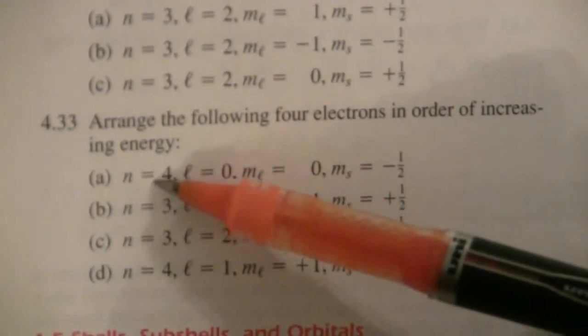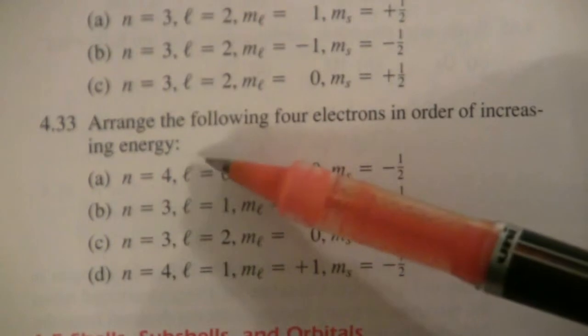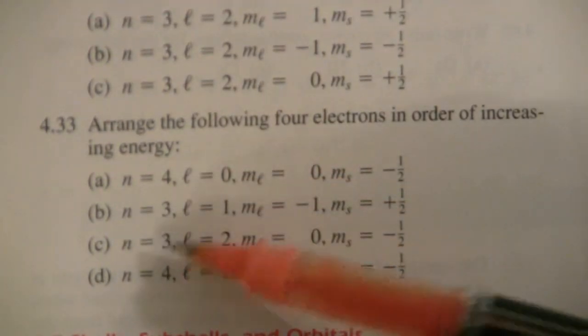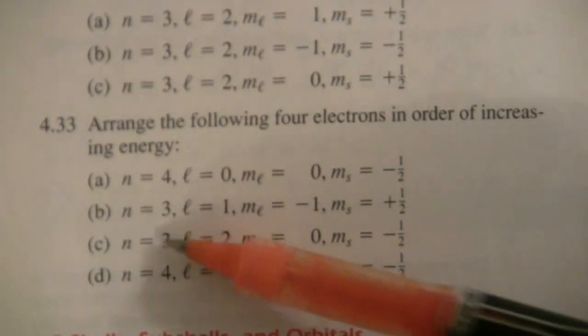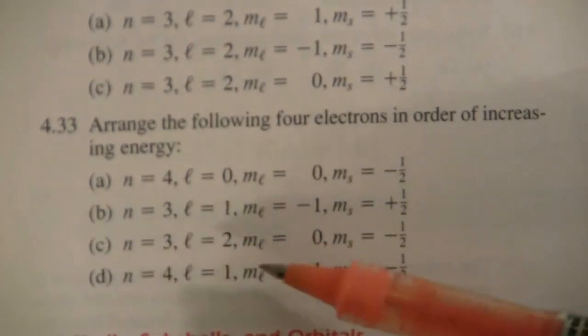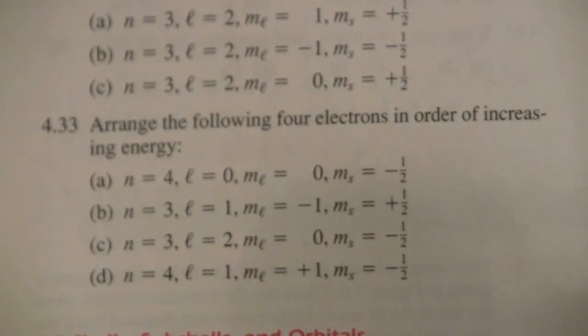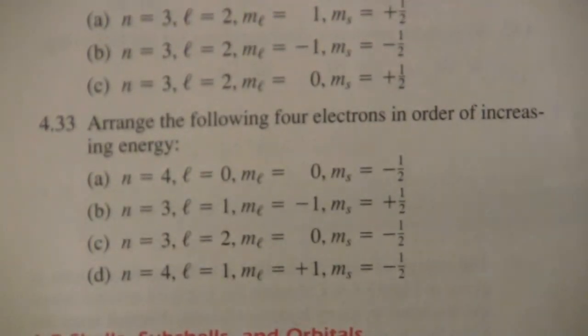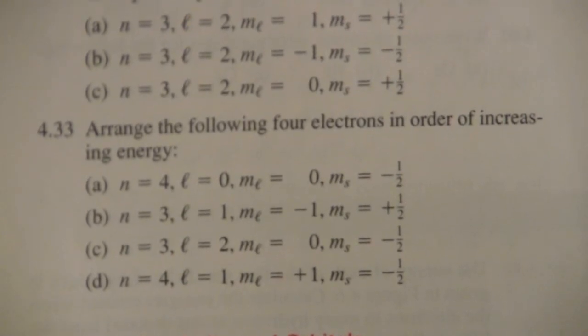Then here we have 4 plus 0, so that's next. Then we go to the 5s, 3 plus 2, and the highest in energy is the 4 plus 1. Hopefully that has been helpful in understanding the electron energies.